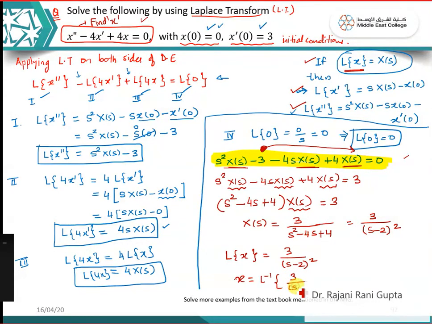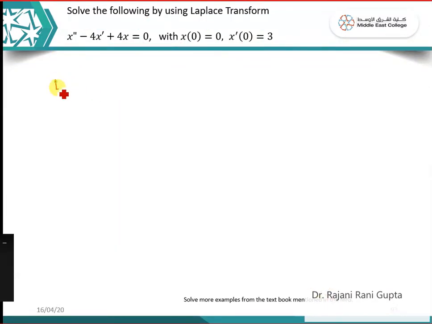So this gives you Laplace inverse of 3 over (s minus 2) to the power 2, and I'll say that this is equal to 3t e power 2t. Now how do we get it? Let's consider this term separately. Laplace inverse of 3 over (s minus 2) to the power 2.